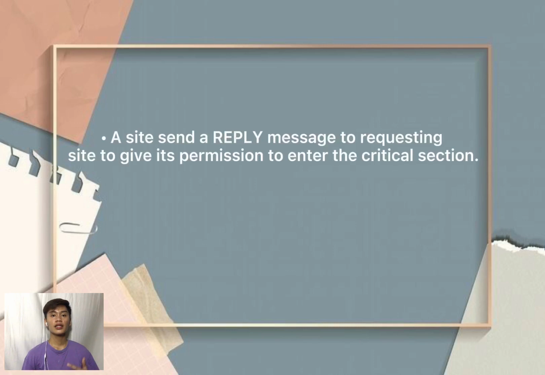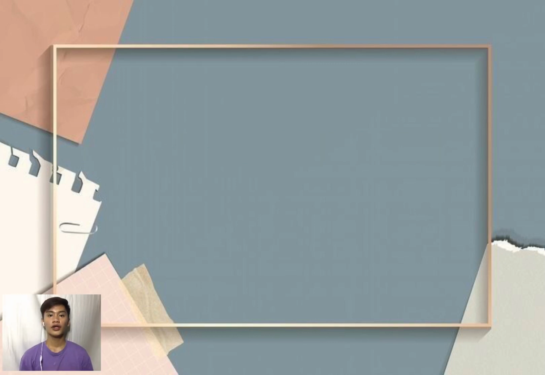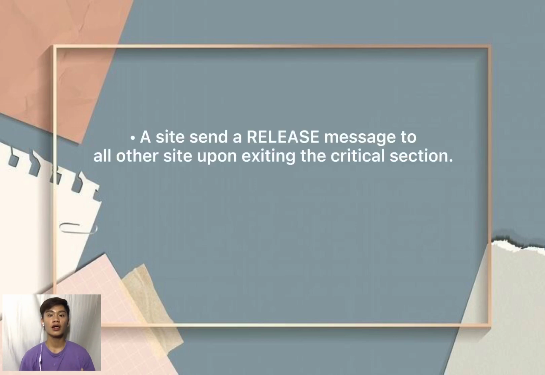The second one is a site sends a reply message to the requesting site to give its permission to enter the critical section. The third is a site sends a release message to all other sites upon exiting the critical section.